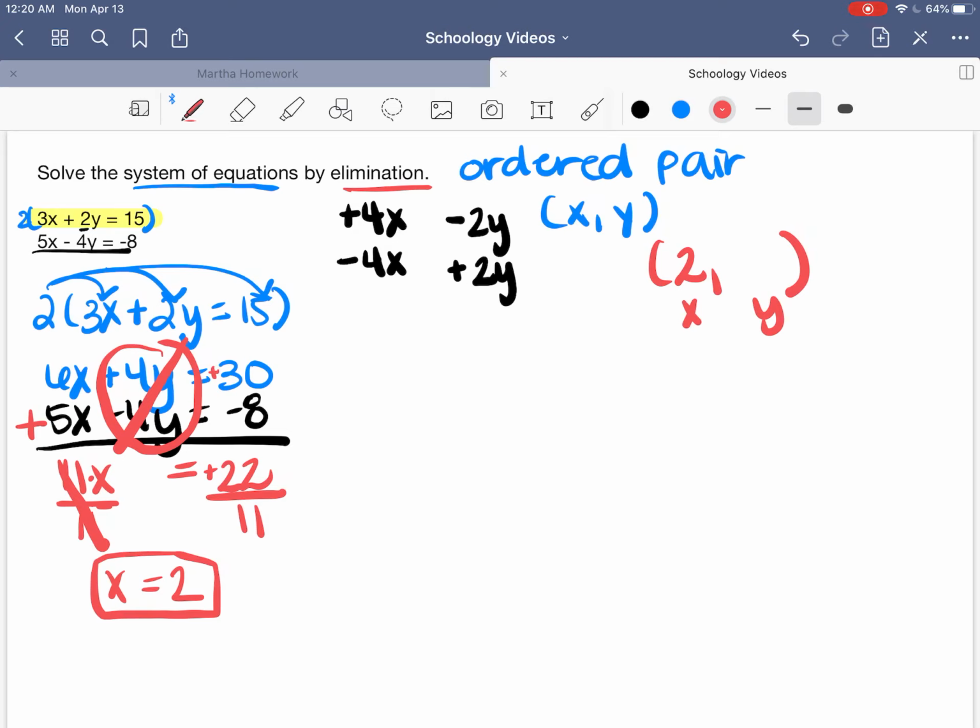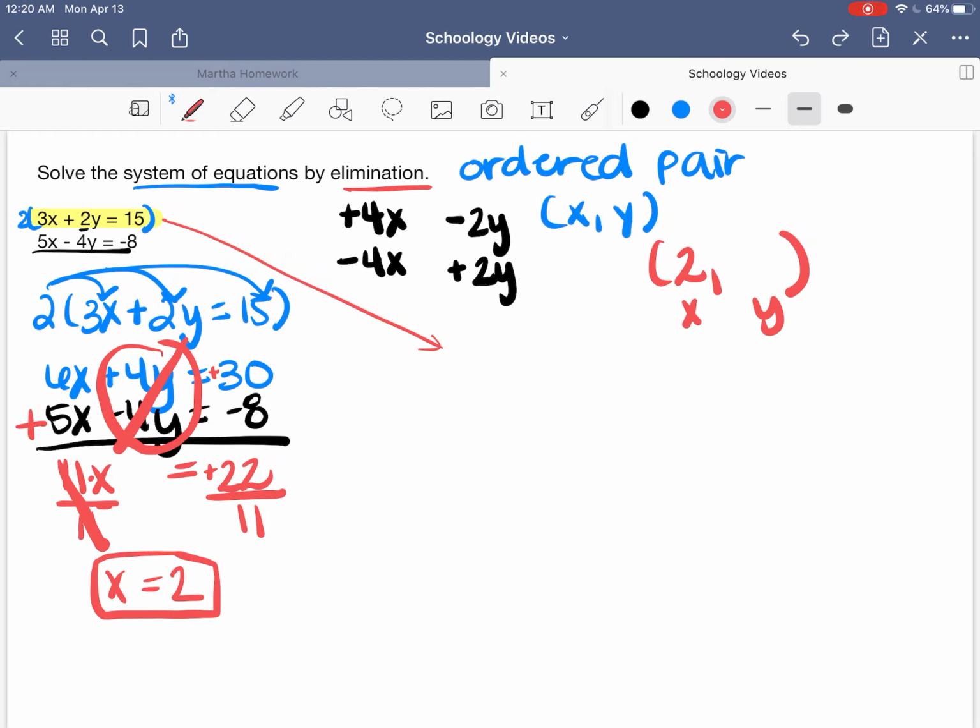So now I have to go back and find out what my y is equal to. There are three different ways that you can do this. One way is to take the equation that we had at the beginning, 3x plus 2y is equal to 15, and plug in what x is equal to, to give me what y is equal to.